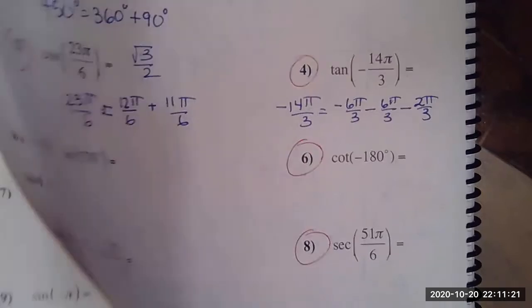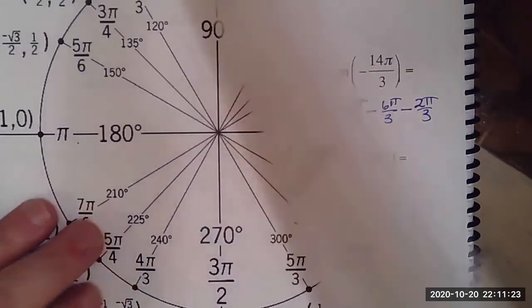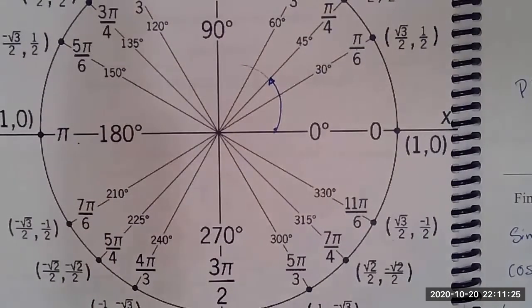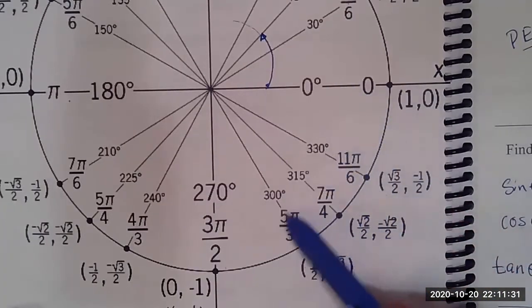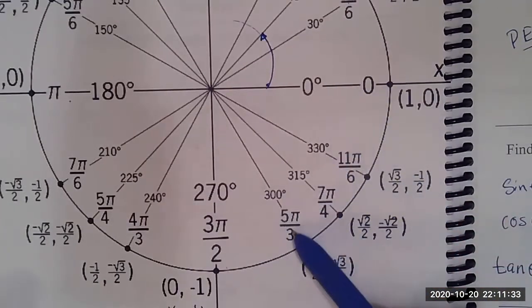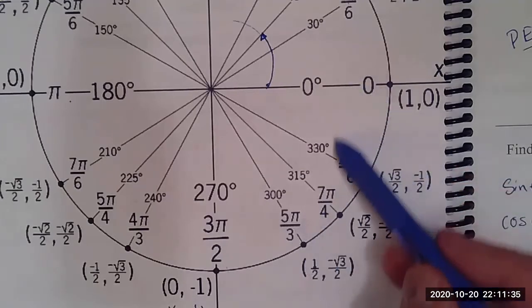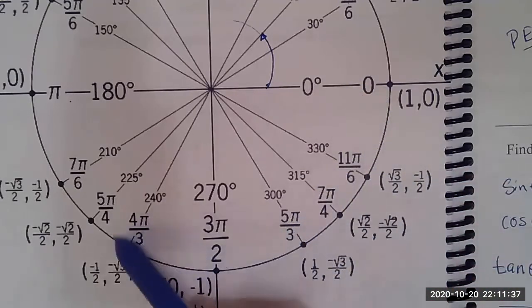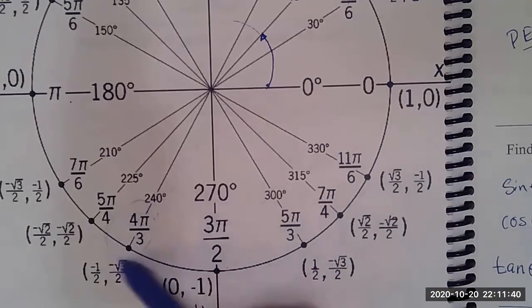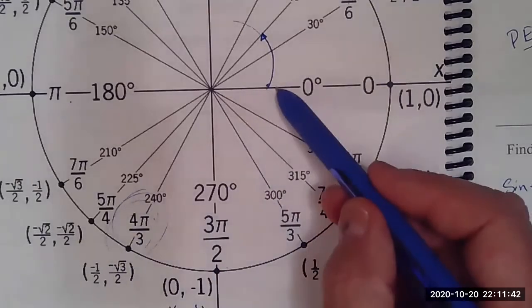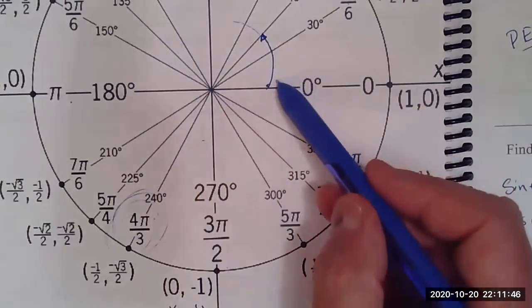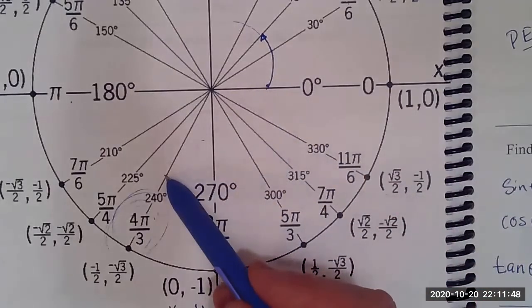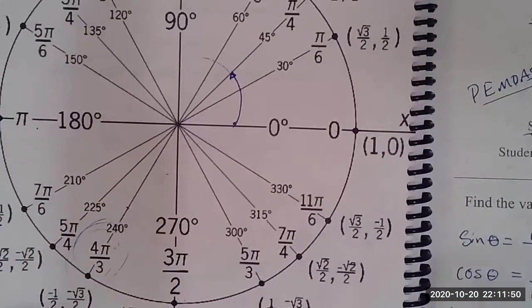Back over here to the wheel. Negative 2 pi over 3. It gets a little confusing when I have to go back this way. There's negative 1 pi over 3. Look at the denominator, pi over 3. Negative 1 pi over 3, and here's the other one, negative 2 pi over 3. This is where I'm stopping right here. So I went around and around and then stopped. This is where my thumb is.